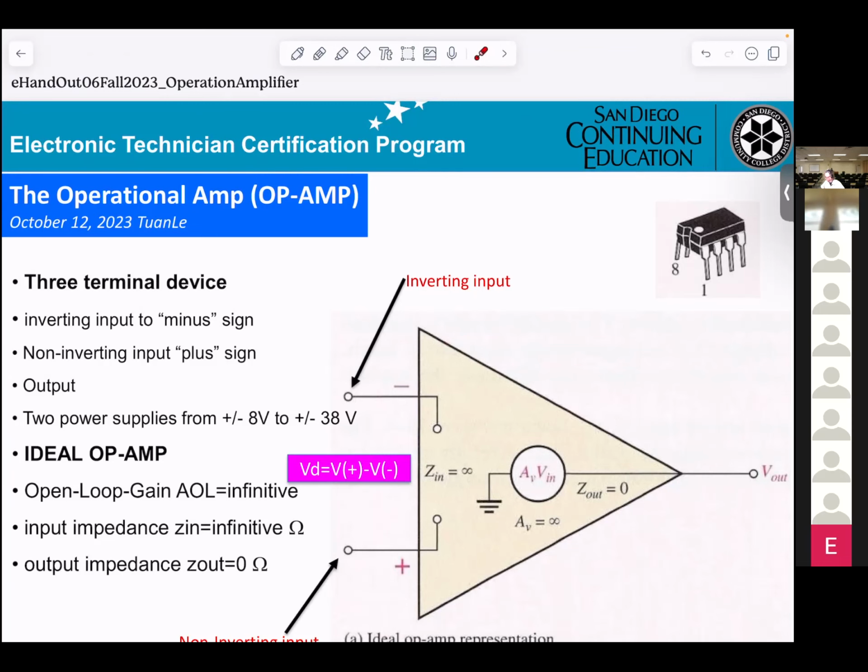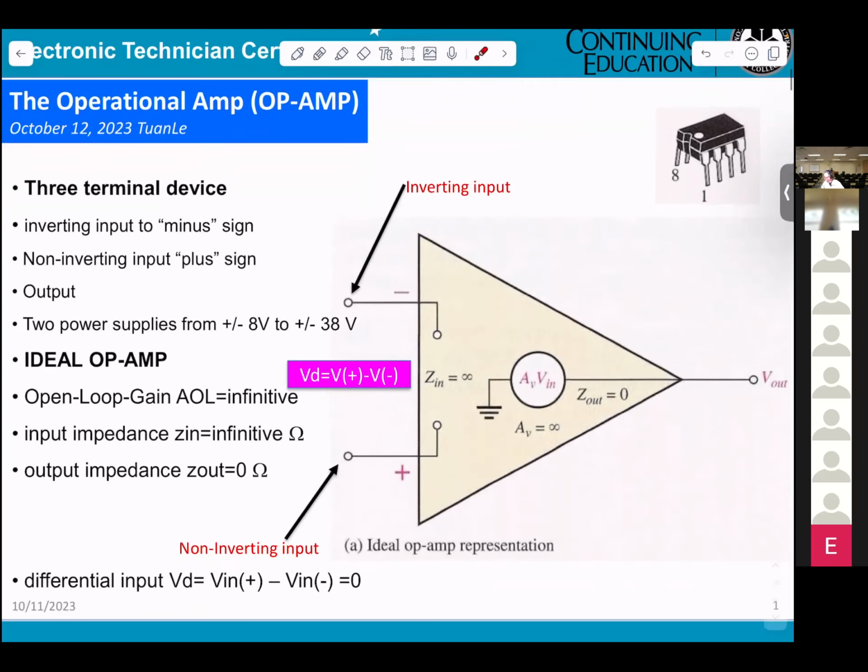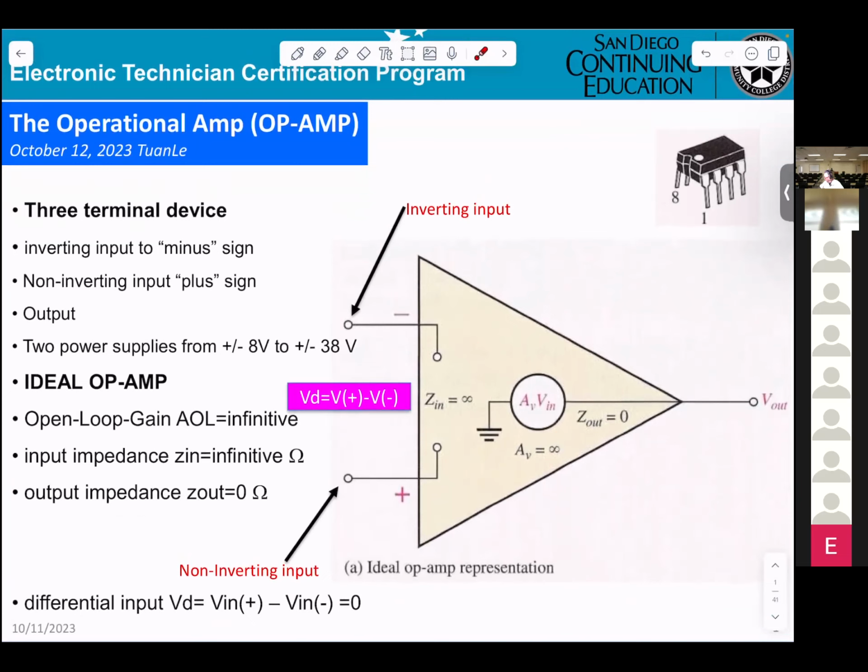Last time we already learned the differential amplifier inside.